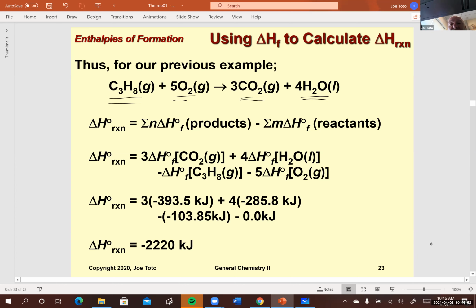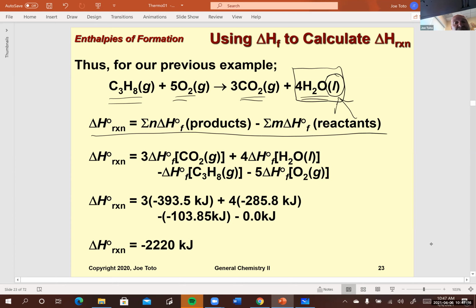Now notice that this is liquid water. So when I go to look up the delta H of formation of my products, I have to make sure I pick out the right one from the tabulated values. But if you apply that equation, then you should be in good shape.